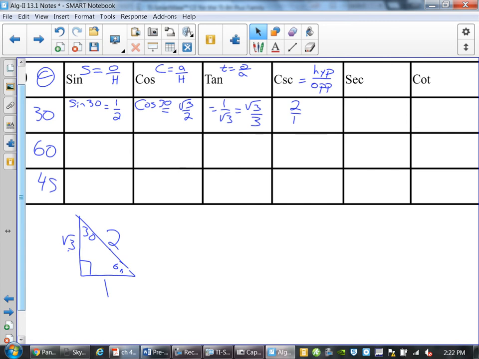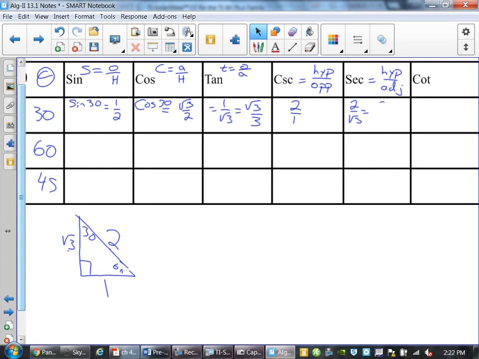Hypotenuse over adjacent. So instead of trying to relook at my root 3 over 2, if I'm doing secant of 30, it's going to be 2 over root 3, hypotenuse over adjacent. But I can't leave it like that, can I? Very good. 2 root 3 over 3.